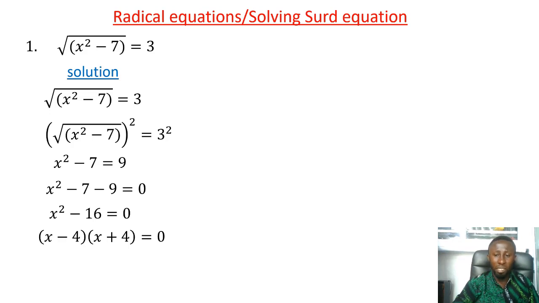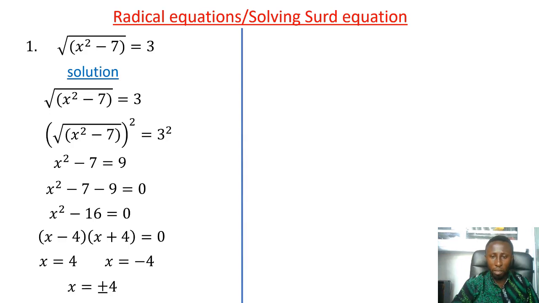So therefore, our final answer is s equals 4, or negative 4, that is, s equals plus or minus 4. As I said, if you take the 16 across the equal sign, you get s squared equals 16. Then take the square root of both sides, and you get plus or minus 4. Then we check whether it's a solution.